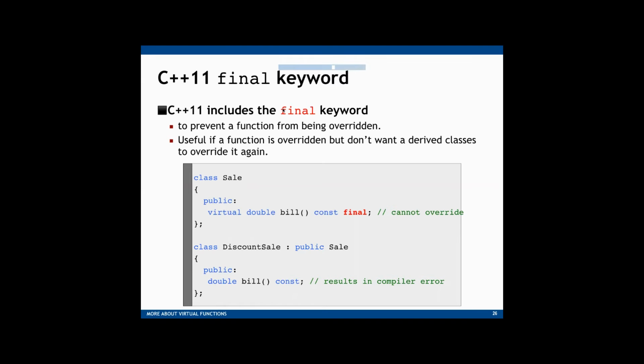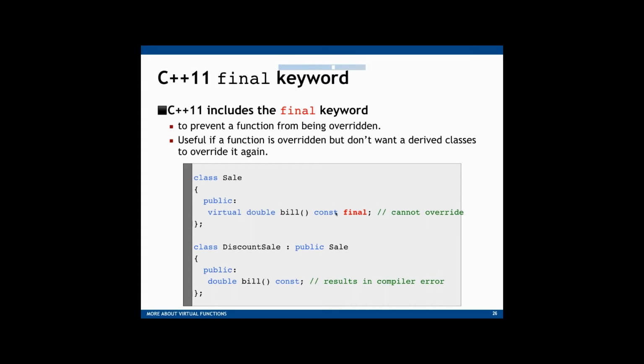To enforce that, the keyword final was introduced in C++11. If you specify the final keyword like this, the derived class cannot override these virtual functions. An attempt to override such virtual functions leads to a compiler error.